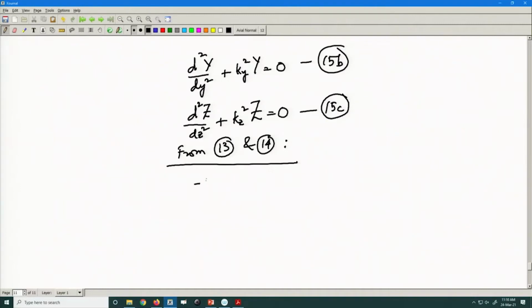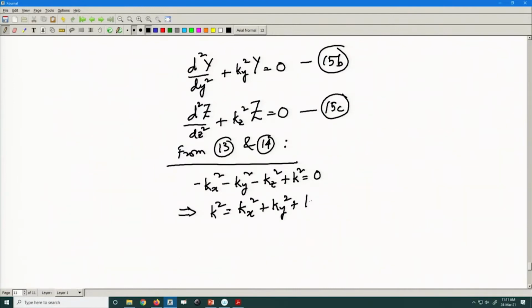So, we have minus k x square minus k y square minus k z square plus k square equal to 0, or k square equal to k x square plus k y square plus k z square.